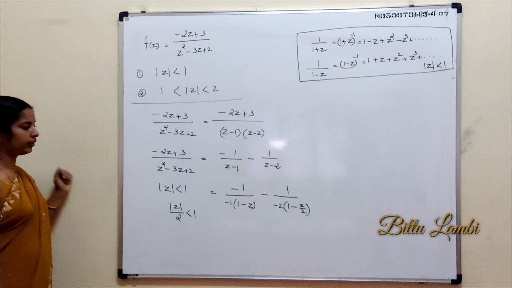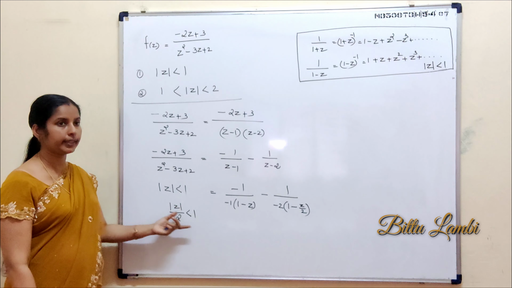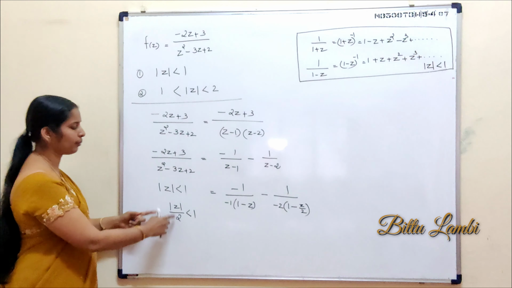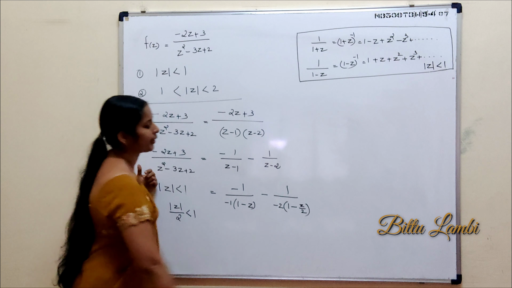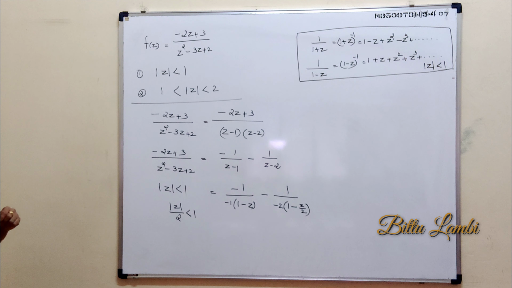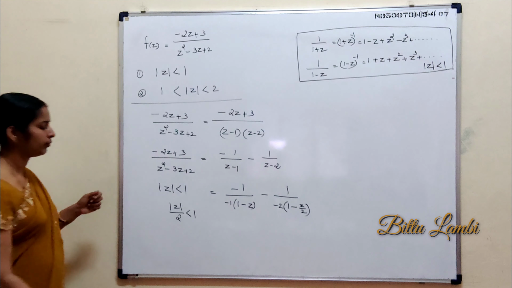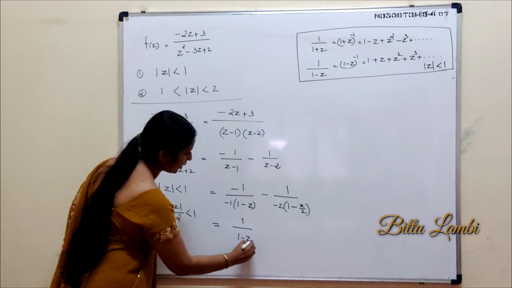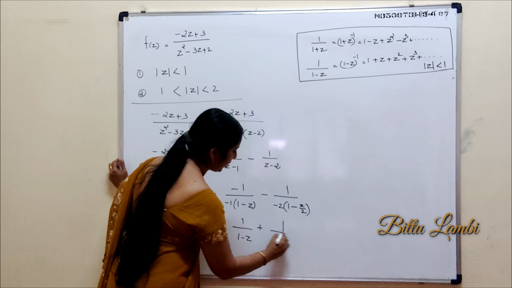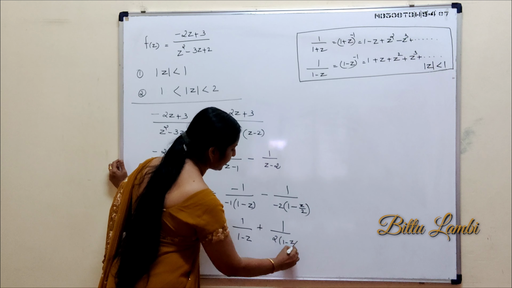Mod z less than 1, so half of mod z is also less than 1. So mod z by 2 is less than 1. So now you can expand 1/(1 - z/2) in the form of an infinite series. Now this is equal to 1/(1 - z) + (1/2)·1/(1 - z/2).